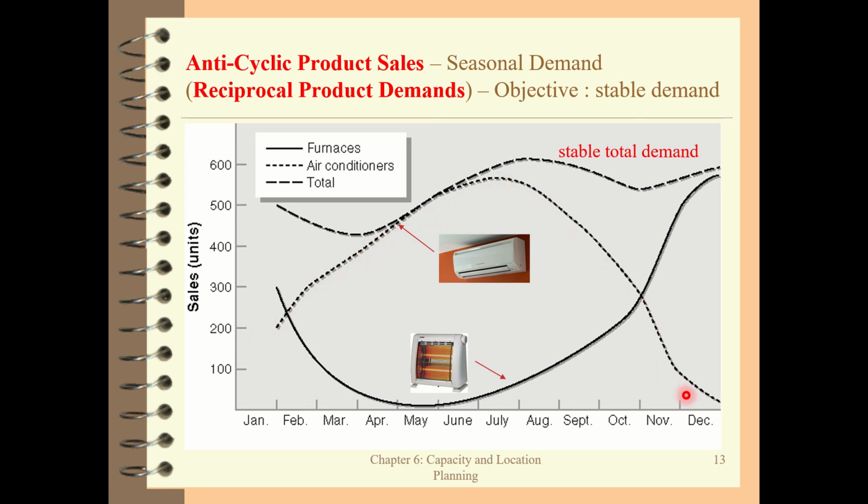Normally the demand for air conditioners is high during the summertime, and it will be low during the winter time. This is the seasonal demand of the product. You can see sometimes the demand is very high and in some periods the demand is quite low.